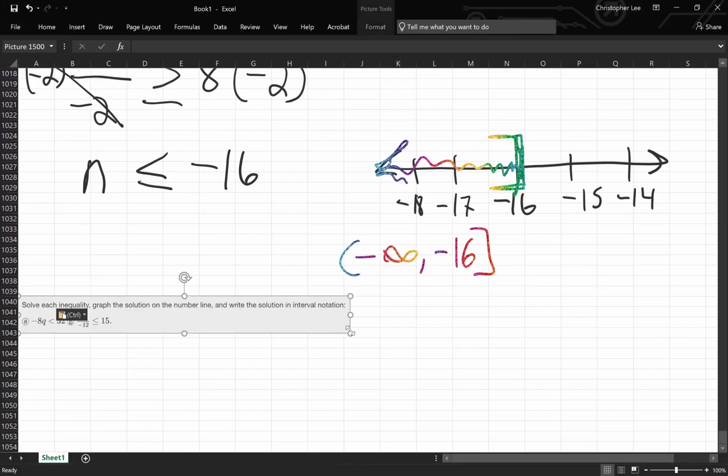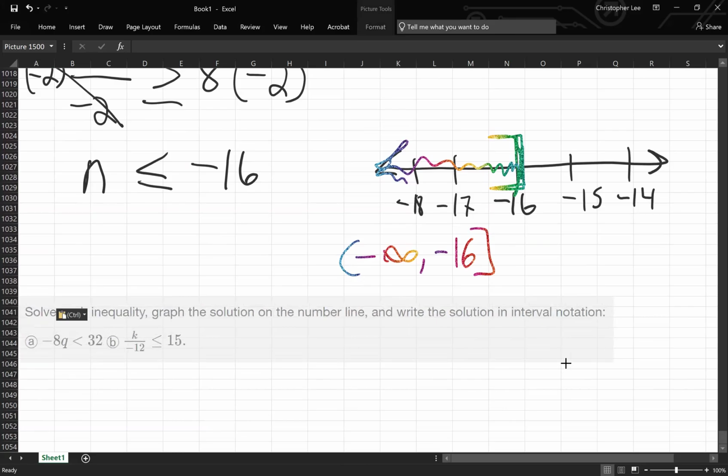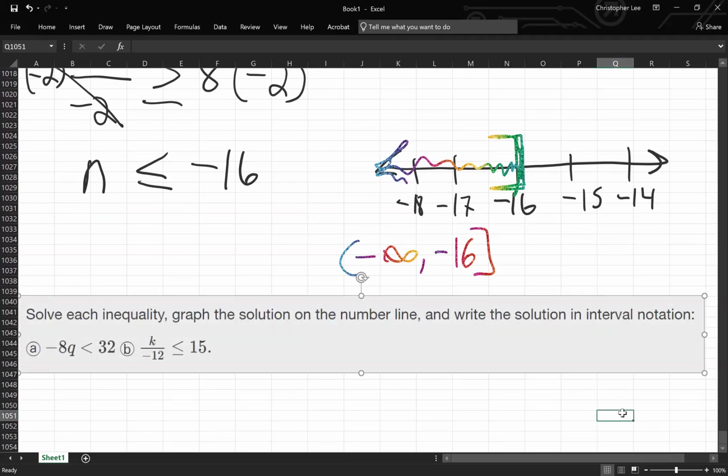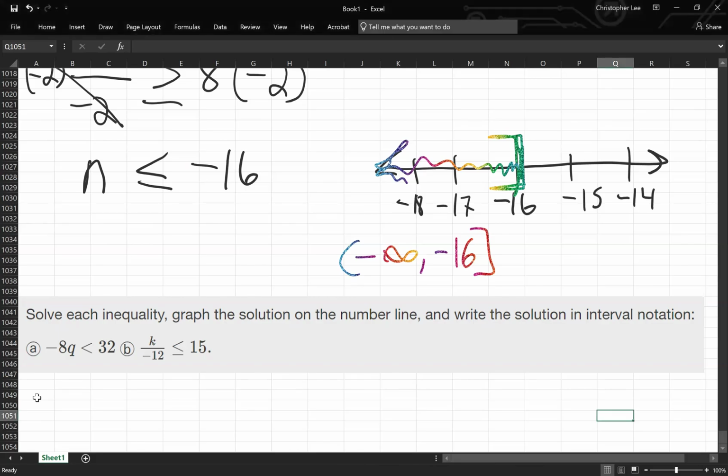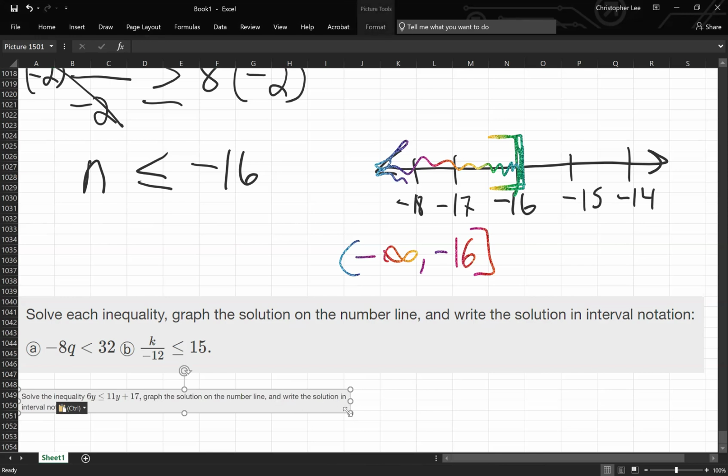So in the meantime, try this. Try this out.